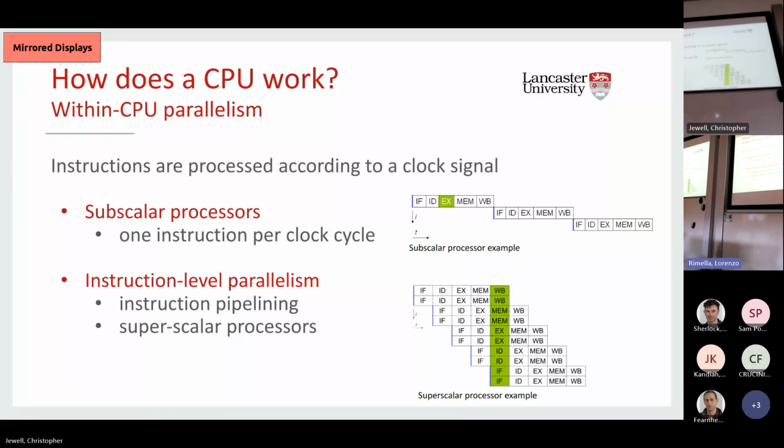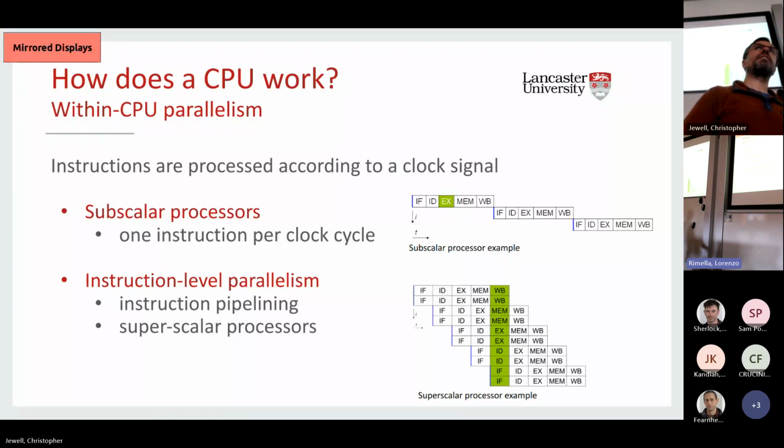And then combining that idea of instruction pipelining with the idea of SIMD computation, you get these superscalar processors, which we all have in our machines these days.